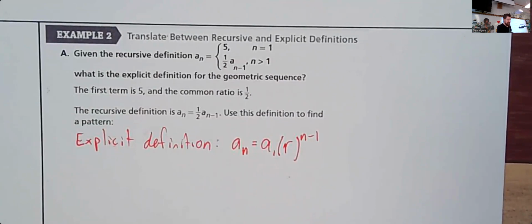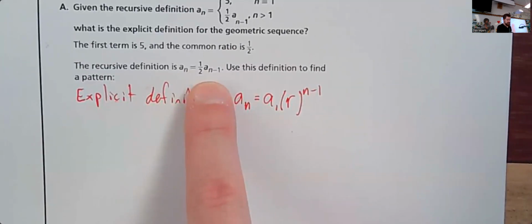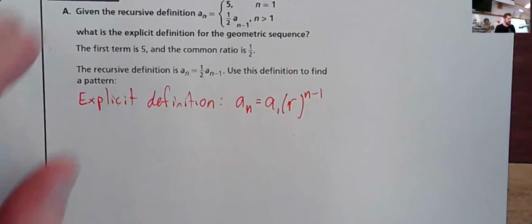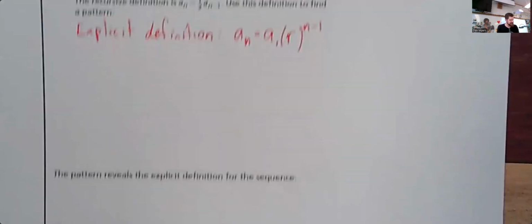And so if we just wanted to rewrite this, the recursive definition is a sub n equals 1/2 a sub n minus 1. But that's the previous term. So if we multiply each one by the previous term, that gets us where we're going. So what we need to work on here is just the pattern. Let's go with our pattern real quick.